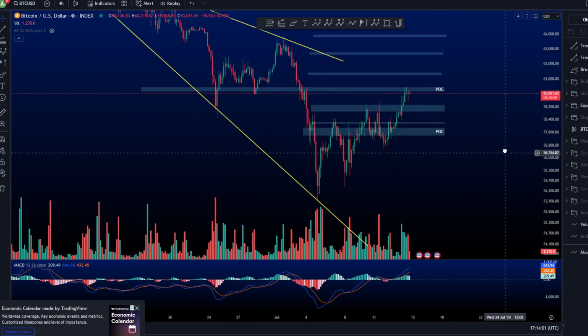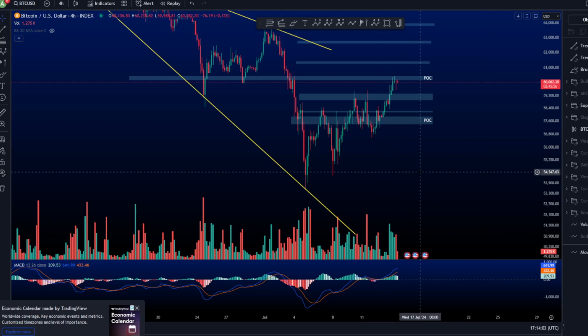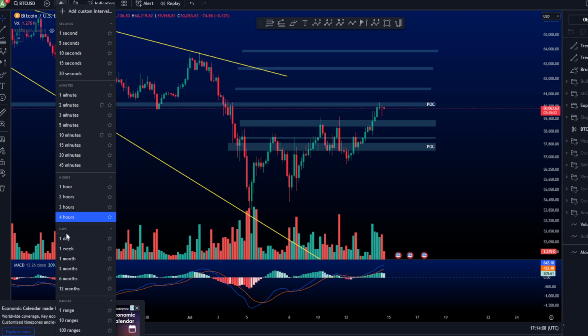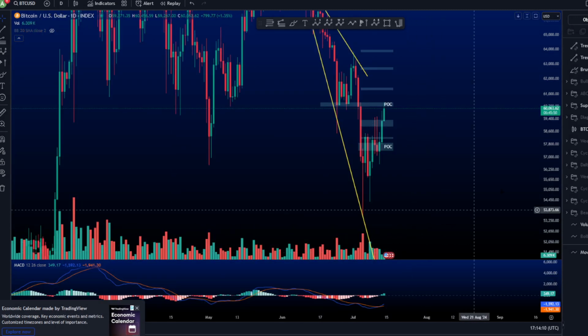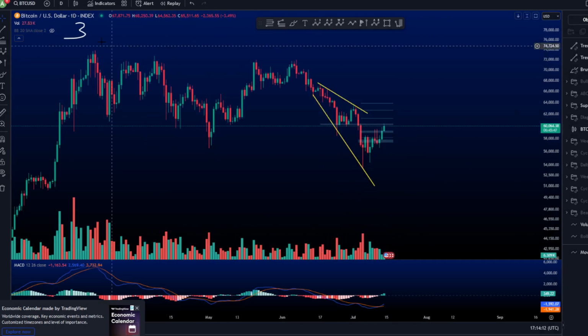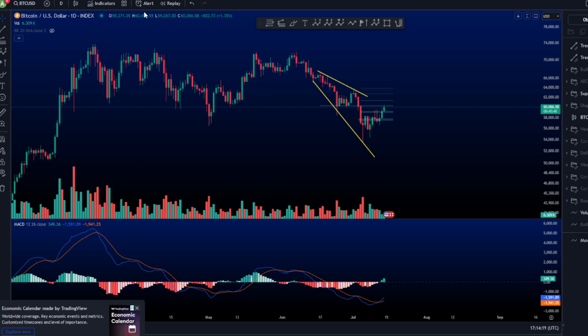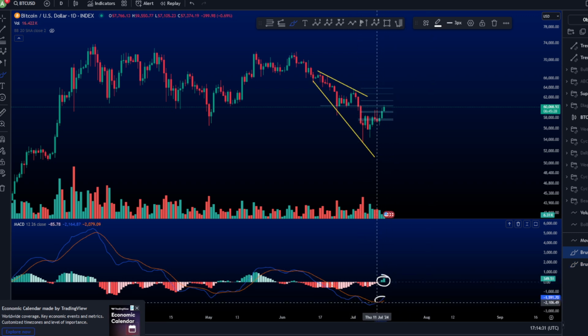So let's move a little bit to more evidence, indicators, and signals that we can see here. On the daily, we can see on the MACD a clear reversal of the trend. Also on the daily chart, the MACD volume has started to move to the green, plus the cross of the trend signals.